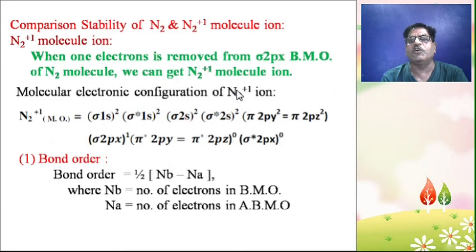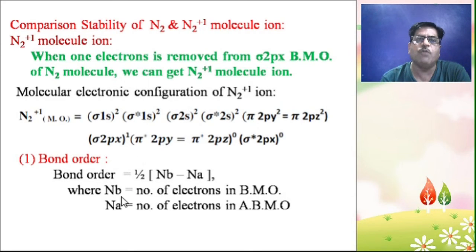The molecular electronic configuration of the N2 plus 1 ion is sigma 1s2, sigma star 1s2, sigma 2s2, sigma star 2s2, pi 2py2, pi 2pz2, sigma 2px1. Here sigma 2px1, whereas in N2 it has 2 electrons. Now from N2, one electron is removed from sigma 2px, so we get the N2 plus 1 molecular electronic configuration.